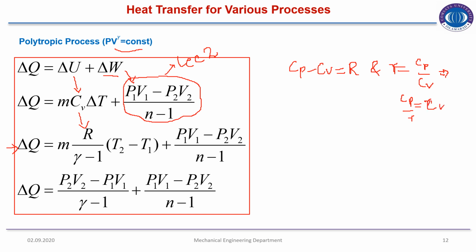We put the value of Cp here and then the value of Cv is achieved as Cv is equal to R over gamma minus 1.